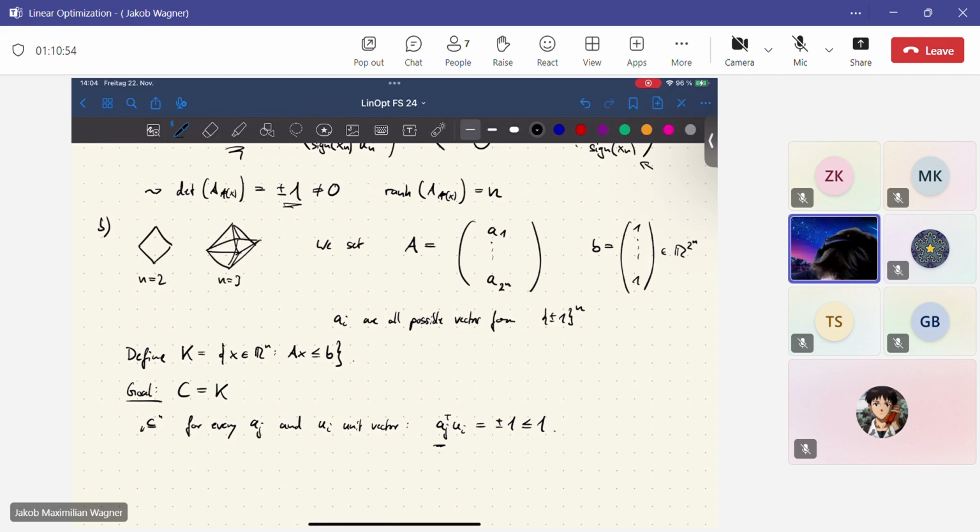And we know that hence all plus minus u_i's are in the set K.